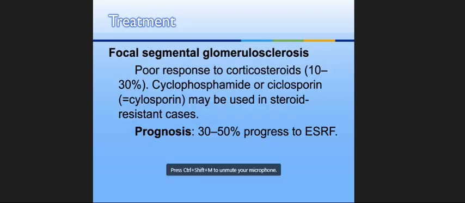Focal segmental, I have told you, is the disease of Black African Americans, and its prognosis is that 30 to 50% will progress to end-stage kidney disease. It is still a controversial issue between the nephrologists themselves.